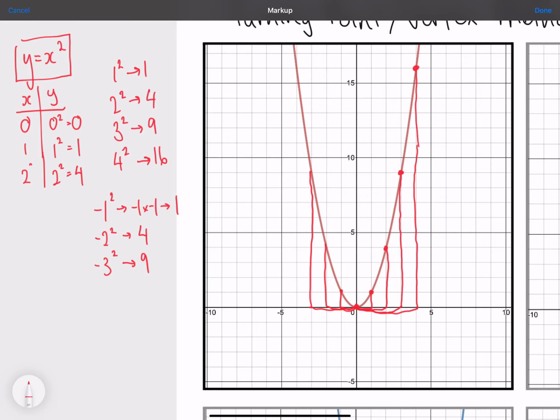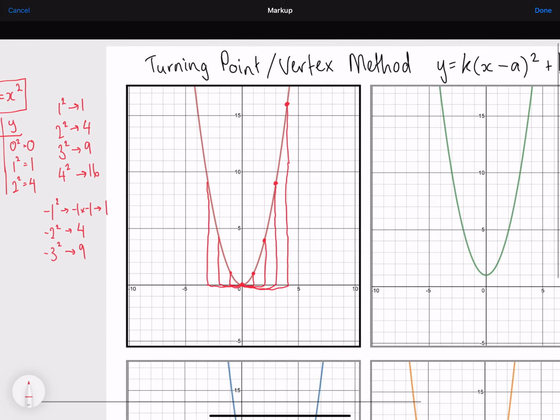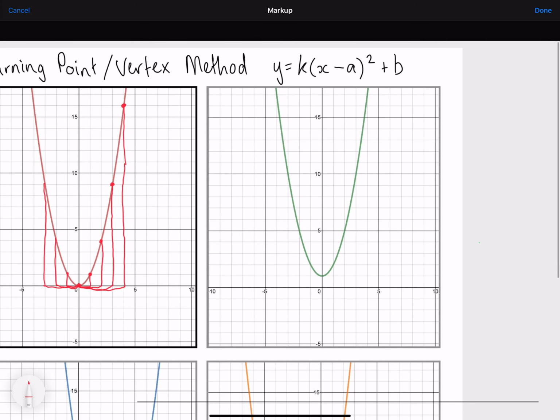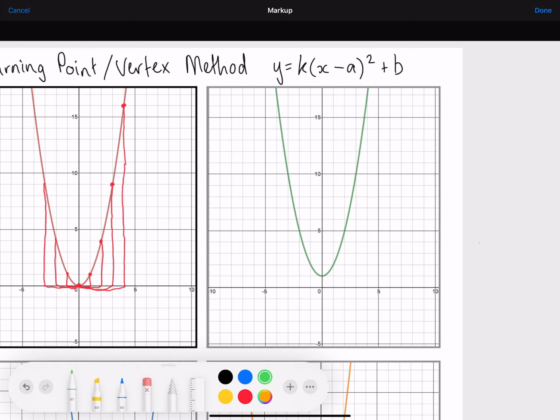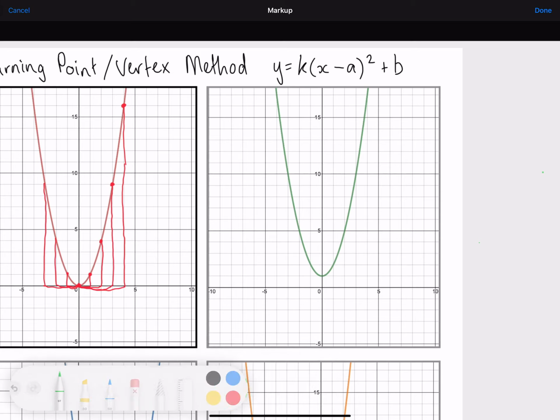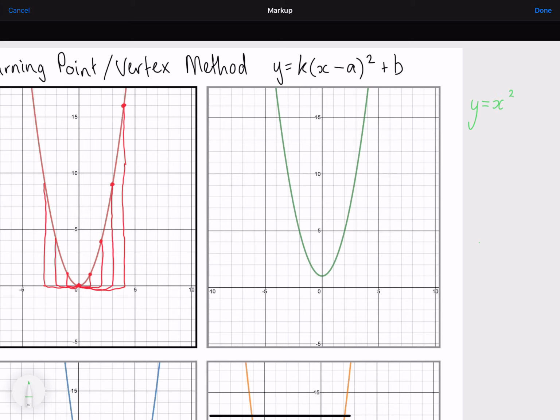We're going to have a look now at this next one. This parabola looks pretty much the same, except that it is up higher than our last one. So instead of being y equals x squared, this has been shifted up by 1. It's got a plus 1 on the end.